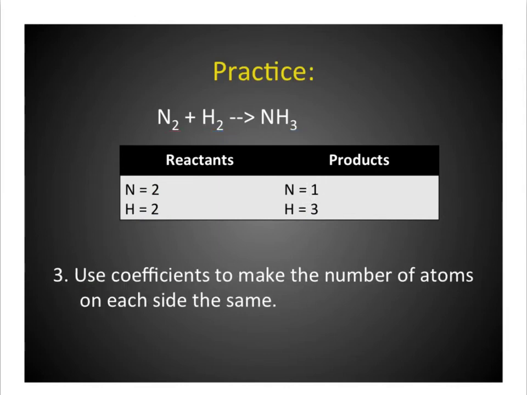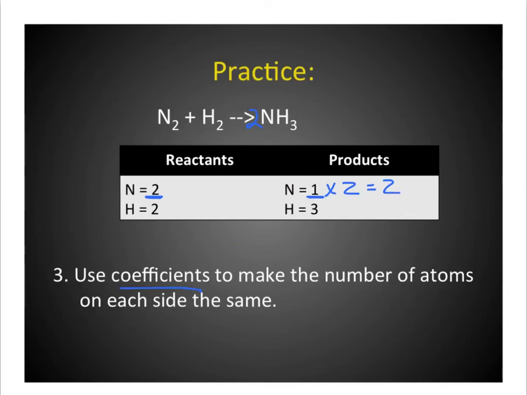Then we're going to use what's called coefficients to make the numbers of atoms the same on each side. At first we need to figure out which ones are different. Well, you have 2 nitrogens on the reactant side and only 1 on the product side, so if we put a 2 here, that would be 1 times 2, it gives us 2. Now these nitrogens match up.